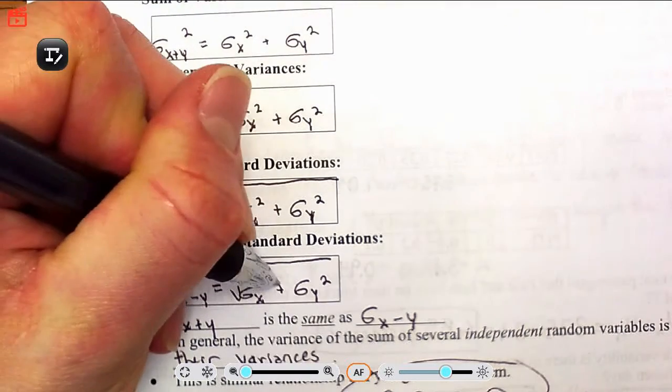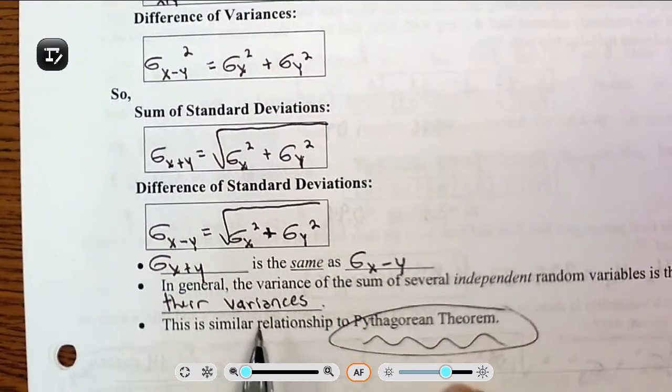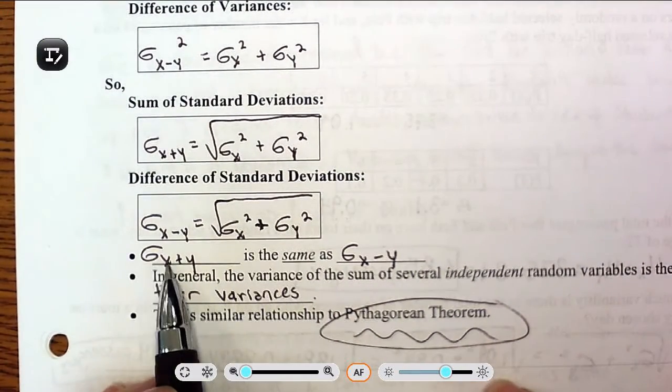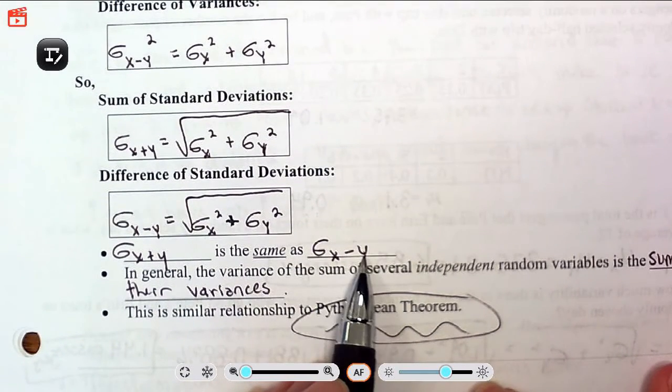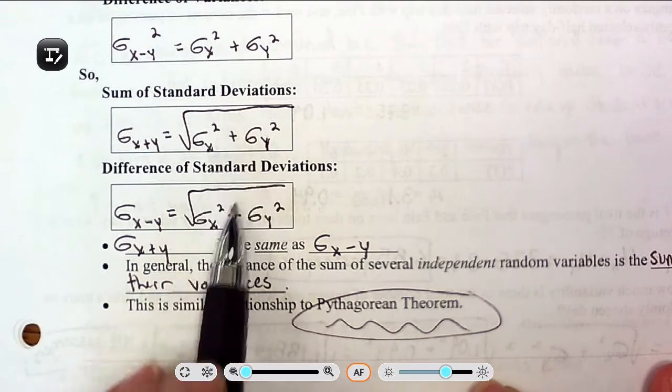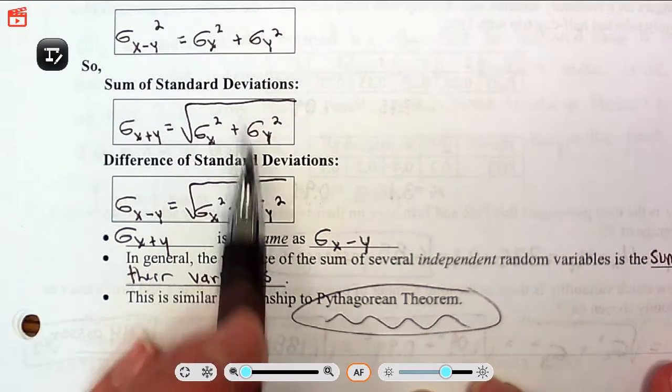So we still have a plus sign in the difference of standard deviations. So sigma X plus Y is the same as sigma X minus Y, as far as the formulas for the sum or the difference of two random variables go.